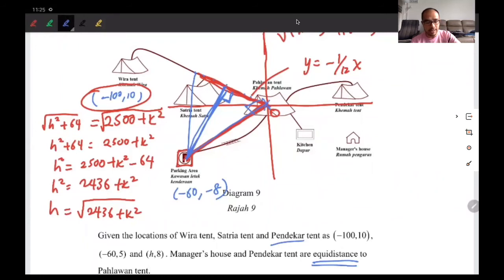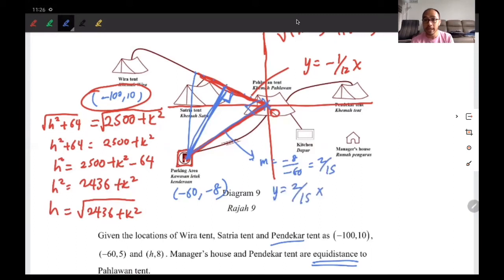The first case is parking area to Pahlawan tent. I need to find the gradient. So the gradient is negative 8 over negative 60, which will give me 8 over 60, which is 2 over 15. So the equation for this is y equals 2 over 15x.